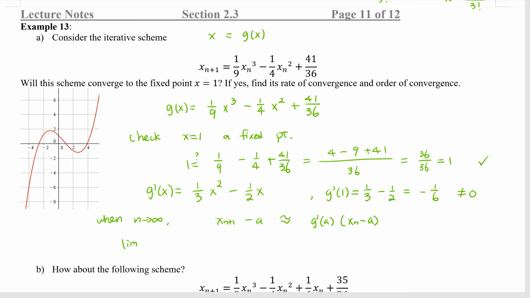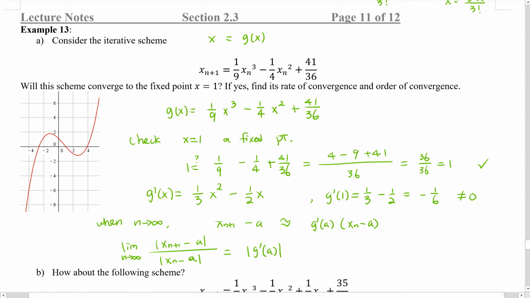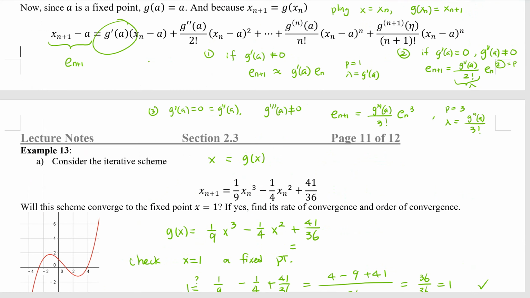So the limit as n goes to infinity of the absolute value of x_{n+1} minus a over x_n minus a to the 1 equals the absolute value of g prime of a, because the first term's coefficient is g prime of a.